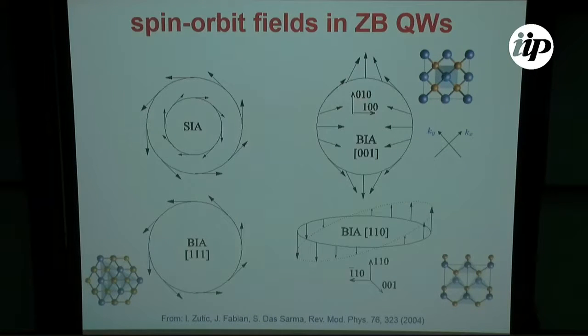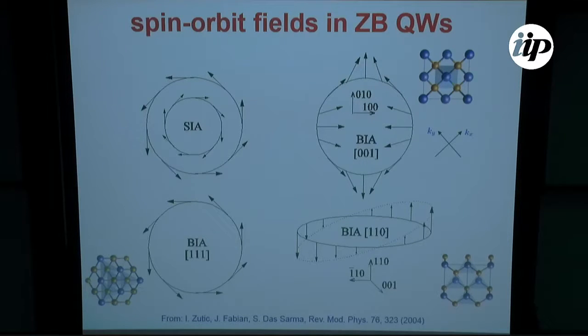It's standard knowledge, and people who like to work with models use it. If you have zinc-blende quantum wells, let's say gallium arsenide, indium arsenide, with structure inversion asymmetry, then the linear-in-momentum spin-orbit term is the Rashba term, and the spin-orbit field looks like this. So it's the famous Rashba picture.